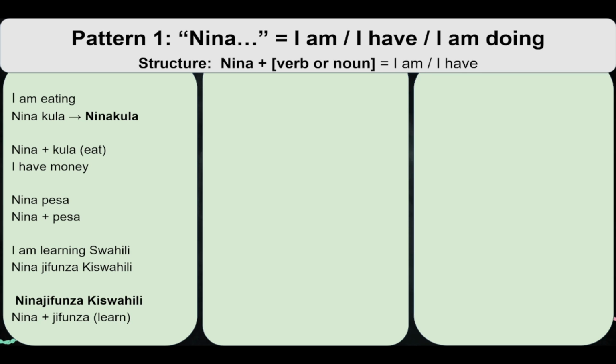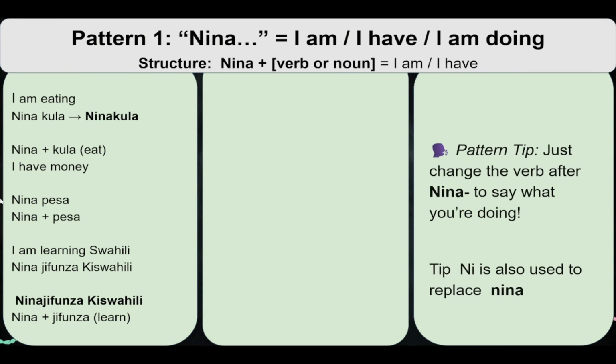I am learning Swahili. Ninajifunza Kiswahili. See how easy that is? The pattern here is you put the word Nina and then you change the verb to say what you're doing.